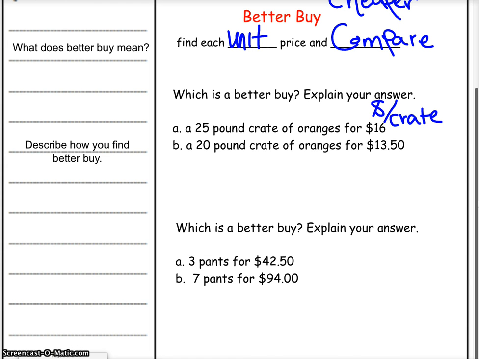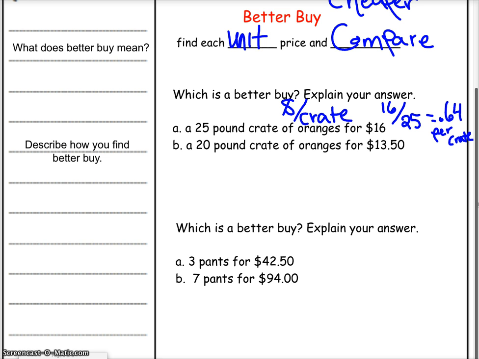So I'm going to find each unit price. So for A, I'm going to go 16 over 25. I'm going to move this a little bit, because dollars always is on top. So 16 divided by 25 is 64 cents a crate. So 0.64 per crate.